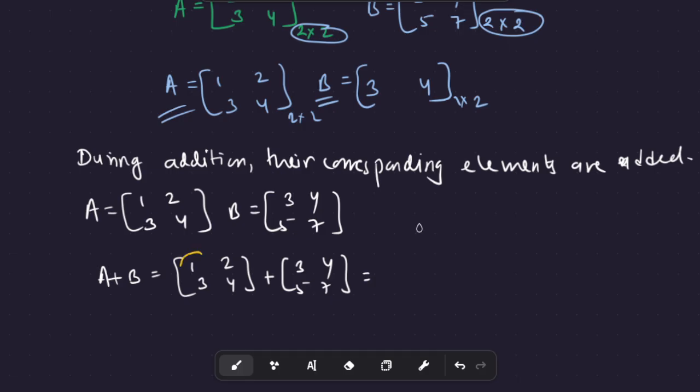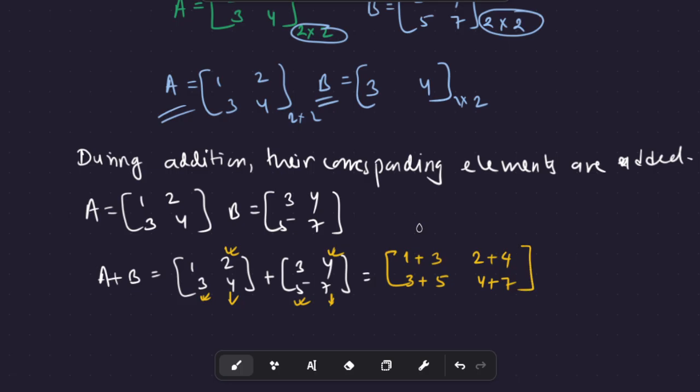The corresponding element of 1 is 3, so it becomes 1 plus 3. Similarly, 2 adds with 4, 3 adds with 5, and 4 adds with 7.